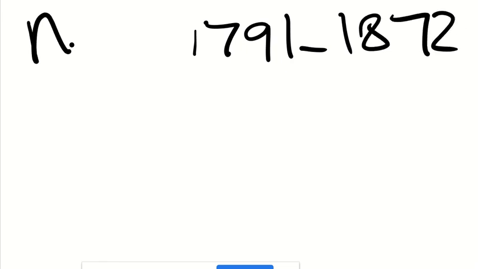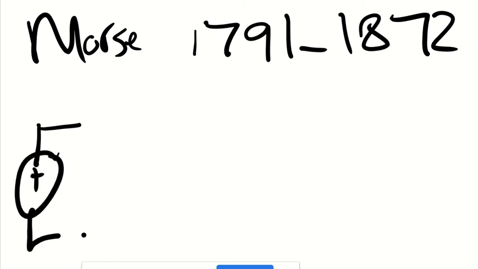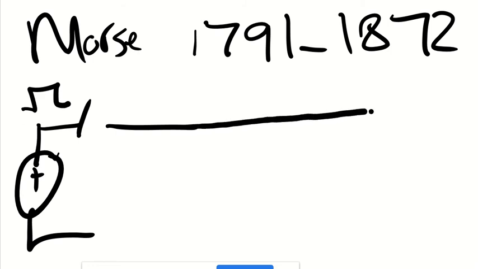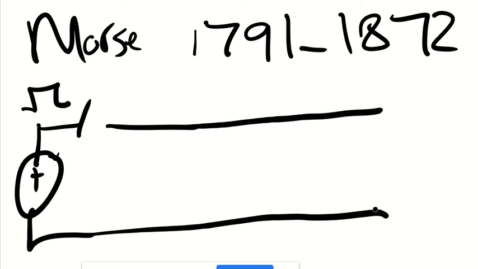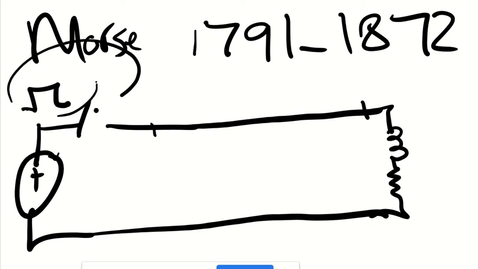When he tried to send a signal over a long distance, like a telegraph signal, he was sending a pulse, and depending on the length of the transmission line, let's say my load is here and you want to get the signal back, sometimes you don't get this, you get something like this, right?